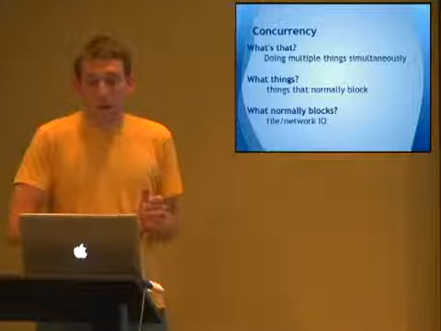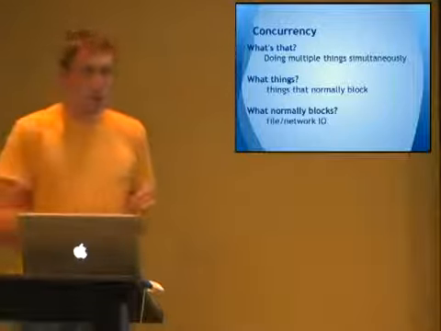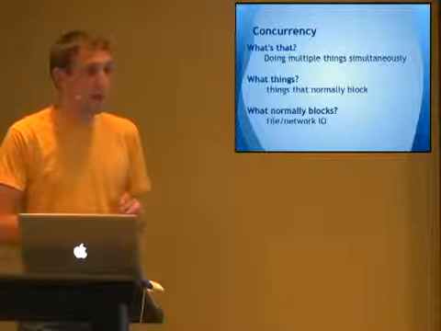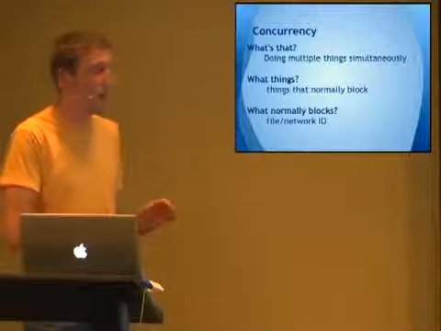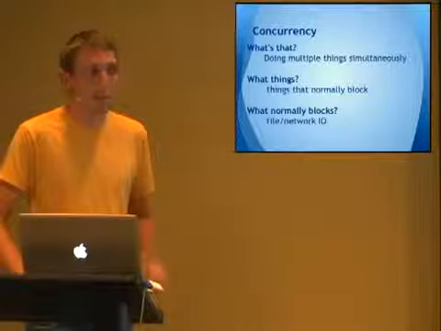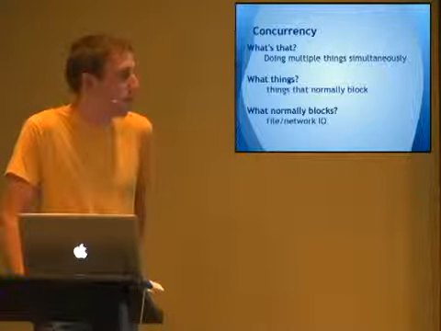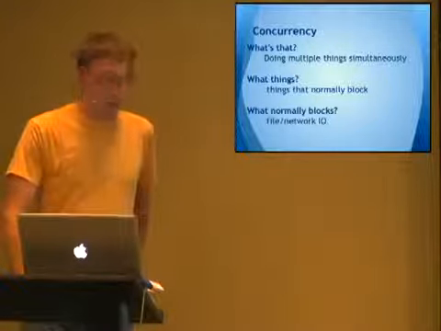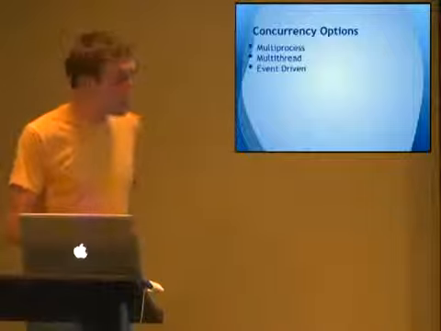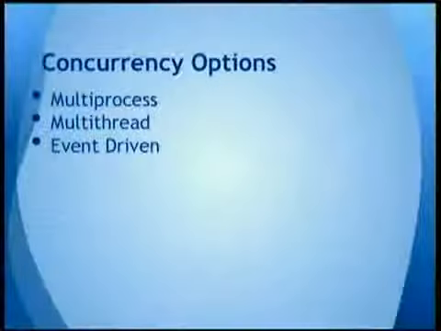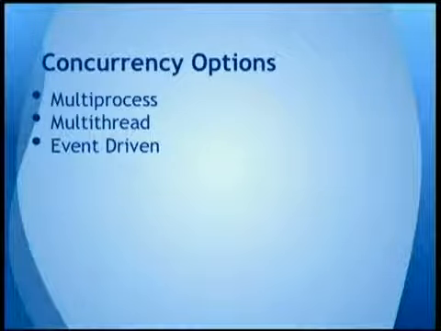There are a lot of different techniques for this. I'm going to talk a little bit about some things at a high level, and then a little bit more in depth about gevent and Node.js, which are things that I've been hacking on lately. The options that I've worked with are multiprocessing, multi-threading, and event-driven concurrency.